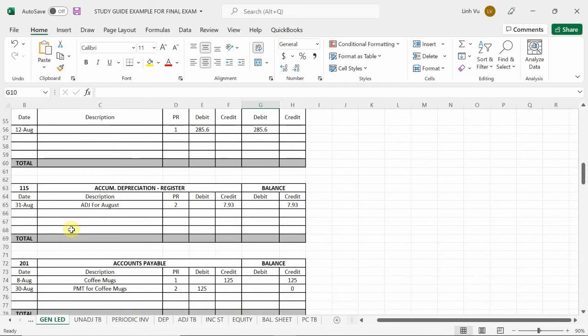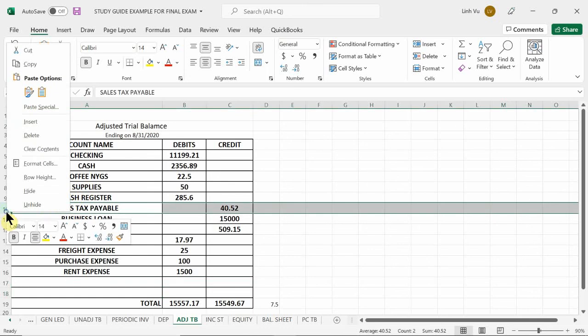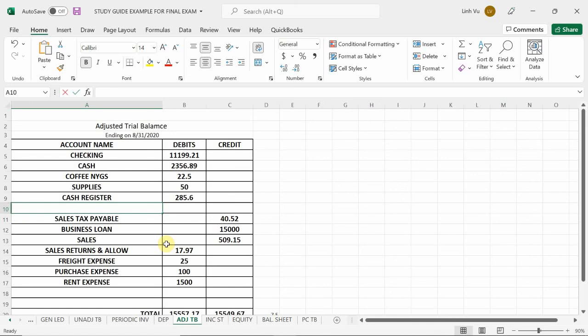And then let's see, our cash register. If we take the accumulated depreciation, that's going to be a contra account for $7.93. So you have a choice here. You can either add it in and leave it, or you can convert it and put it into the actual cash register itself. In this case, I just want to make sure that we do not skip anything. So we have the accumulated depreciation for the register for the $7.93.